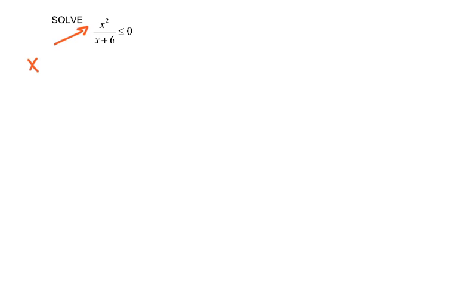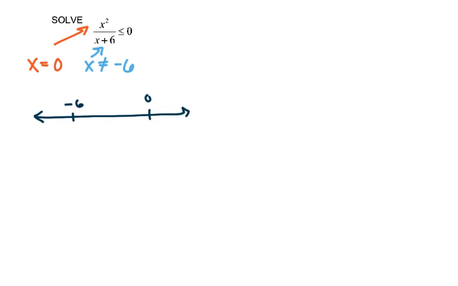So here I might get x equals 0, and from the denominator, we know that x cannot equal -6. So we'll plot these on our number line. -6 needs to go on the left, and 0 goes on the right.